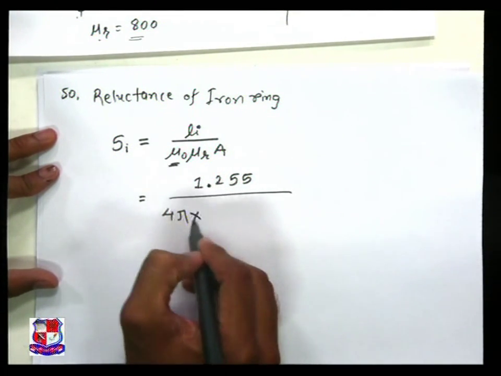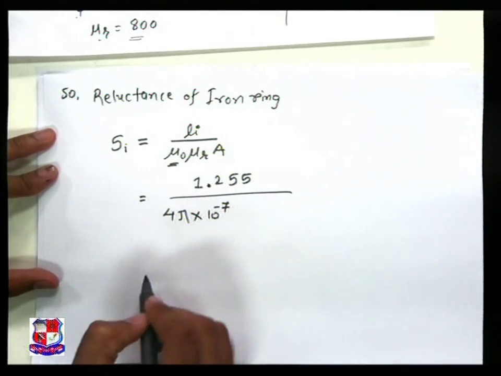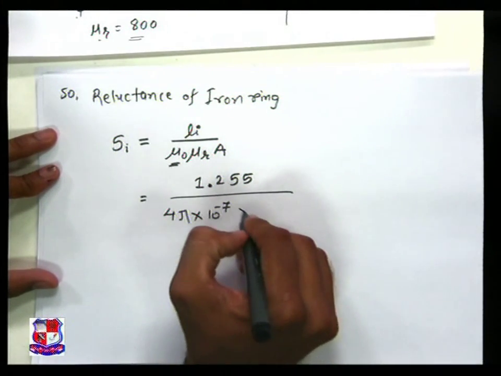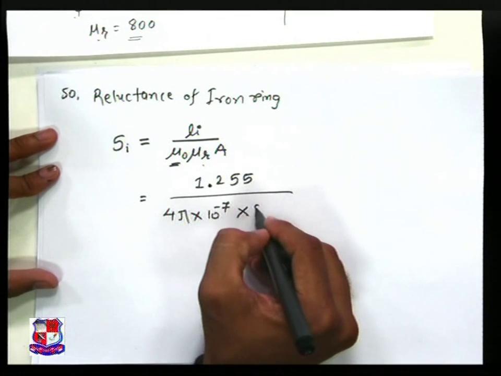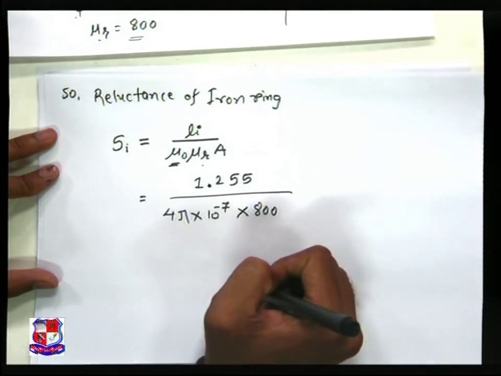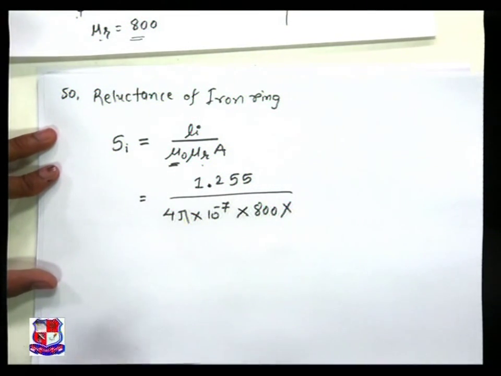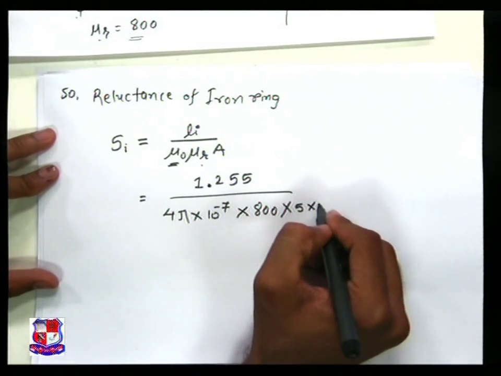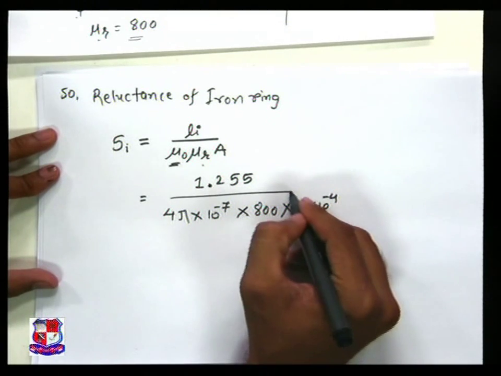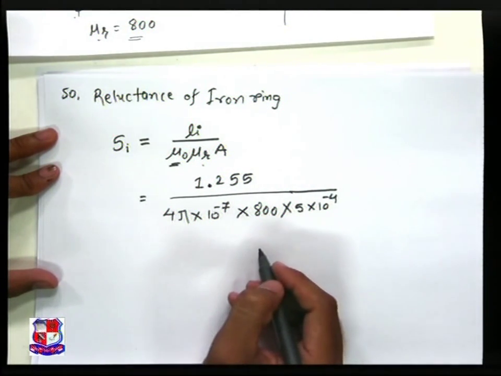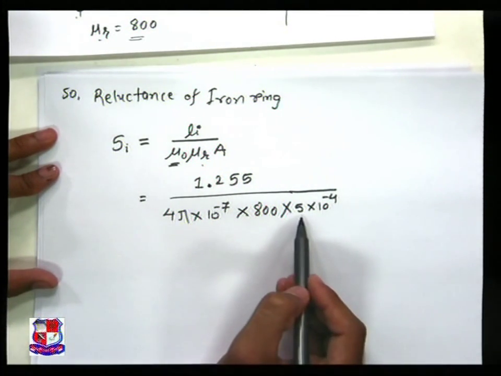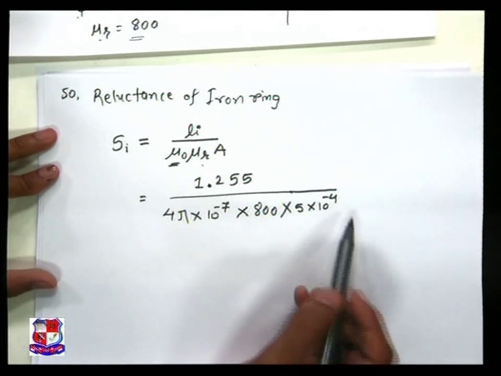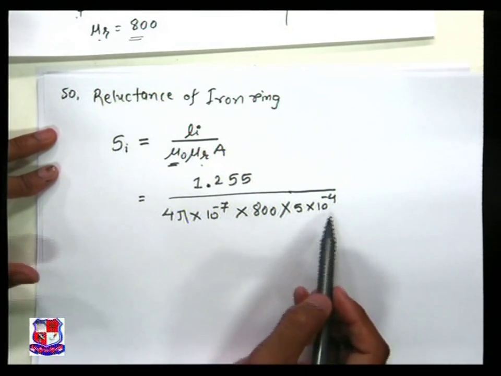is 4 pi into 10 raised to minus 7. Relative permeability mu r is given in the data. It is 800 into area, the cross sectional area, which is 5 into 10 raised to minus 4 meter square. 5 centimeter square, if centimeter is converted into meter, we get 5 into 10 raised to minus 4.